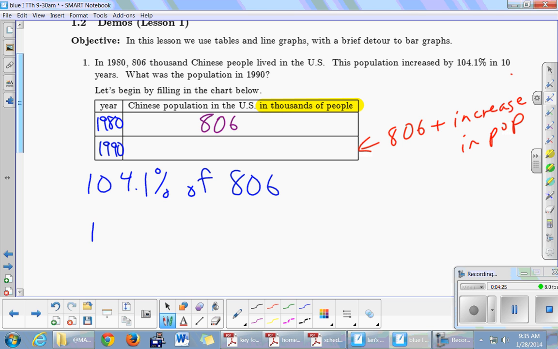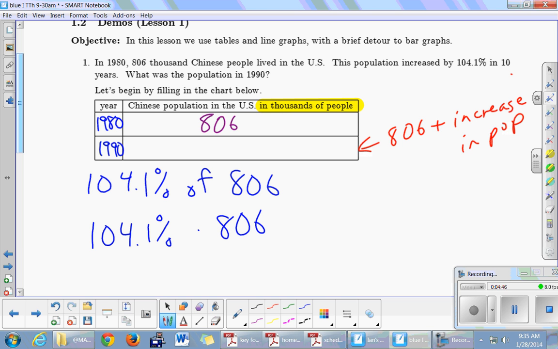So then I'll translate this. 104.1% of becomes multiplication. There are two really common symbols for multiplication. I'm going to encourage you to use one over the other, but what are the two different ways we can write the multiplication symbol? We can put a dot. That's the way I'd really like us to use. What's the other way?